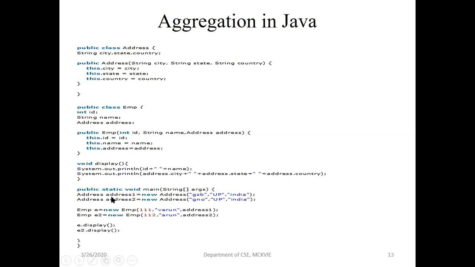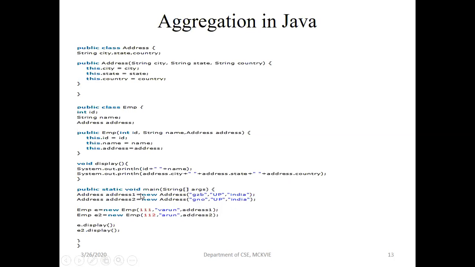Now I'm going to create an object of the EMP class. Before creating an object of the EMP class, we are going to create the objects of the Address class. Look, address1 equals new Address GZB, UP, India. Second address object: GNO, UP, India.